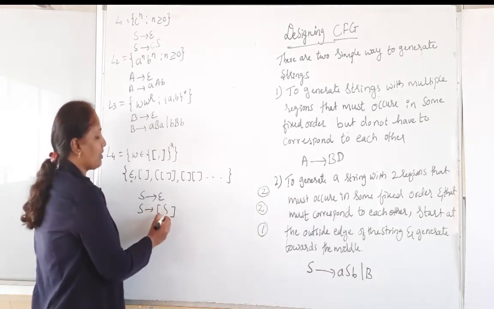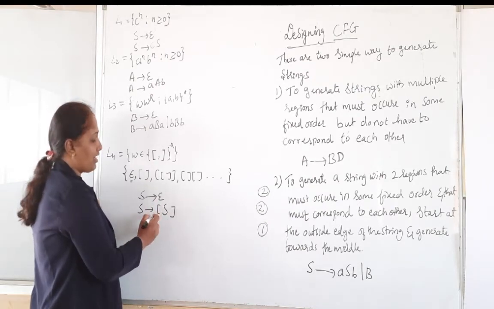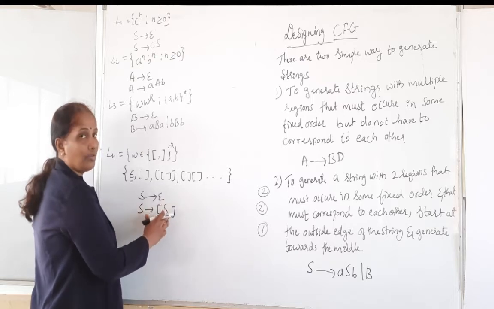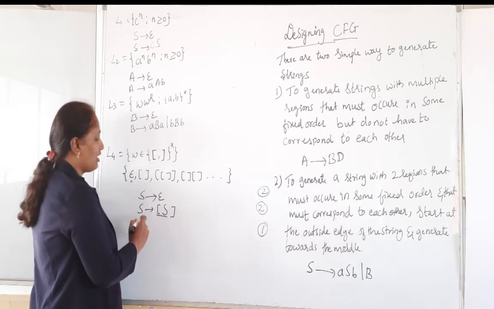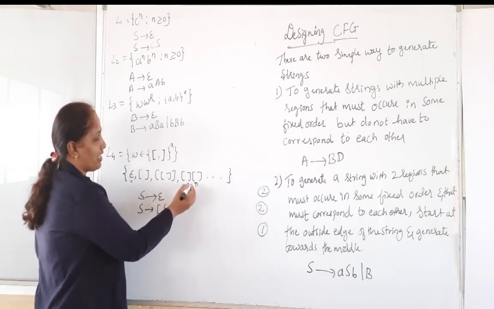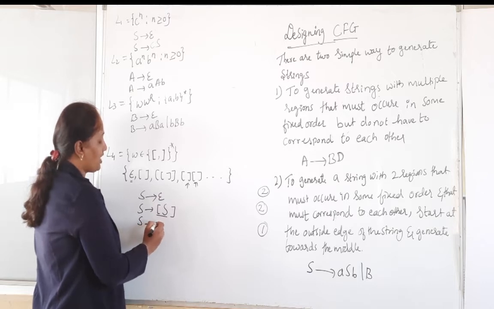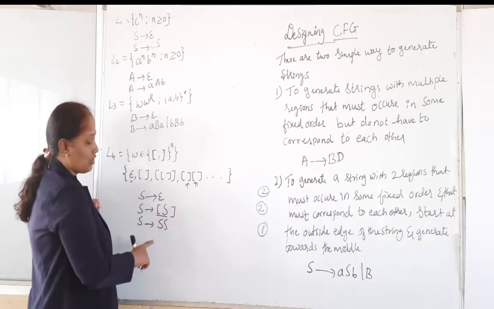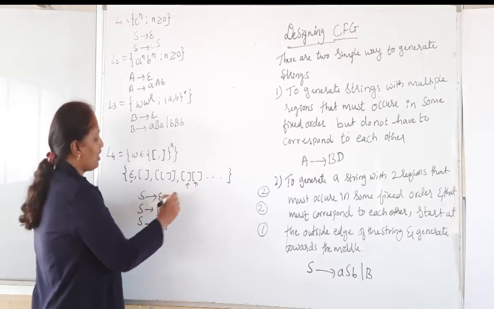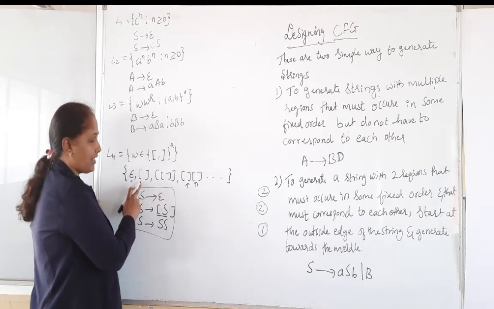Next, these brackets may come one or any number of times. If I write this, this rule allows me to take the sequence of nested brackets. Next, to take a sequence of brackets, I am going to write one more rule, that is S produces SS. So this rule allows me to take two sequence brackets. So this is a grammar to accept the pair of brackets.